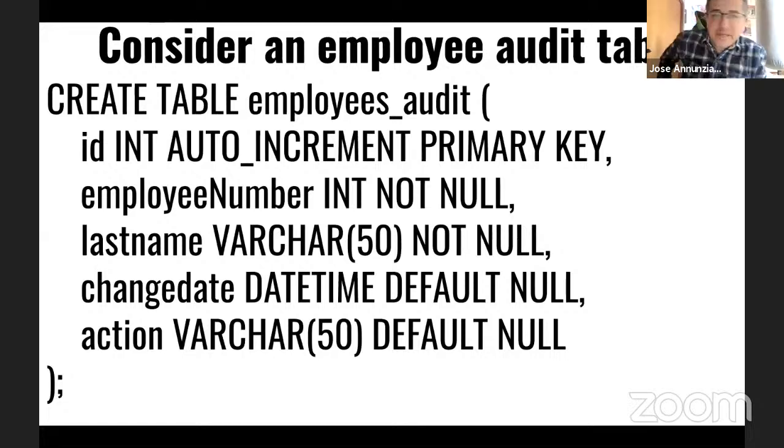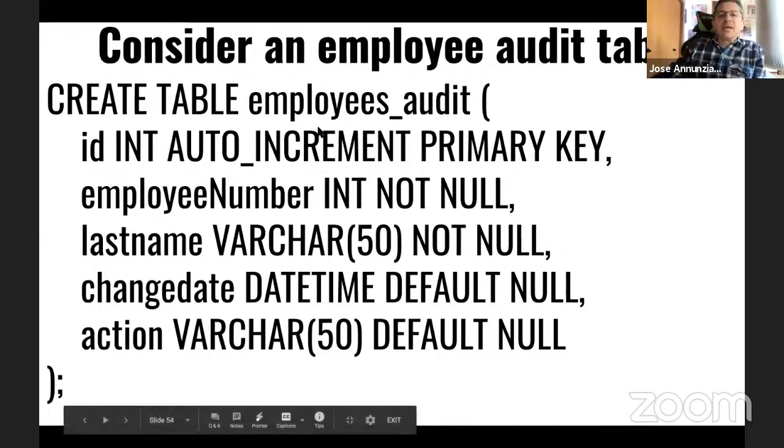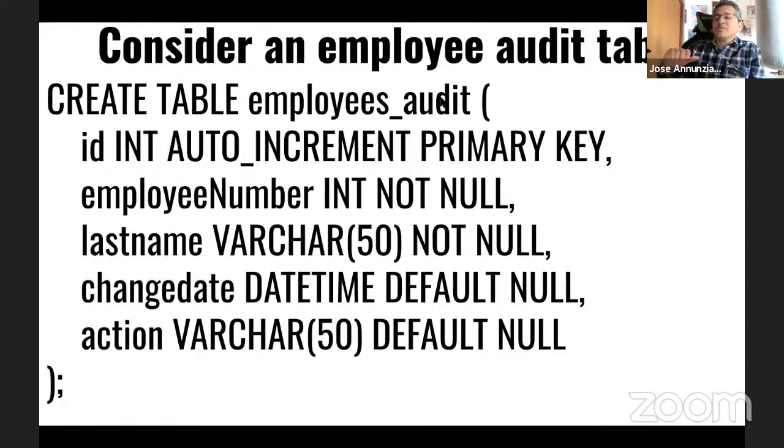Okay, so here's an example. We're creating a table called employees audit. We're going to use this table to audit whenever something happens to an employee. Maybe an employee gets a raise, or gets moved from one department to another. Whatever happens to the employee, we want to audit and keep a history of what happened.